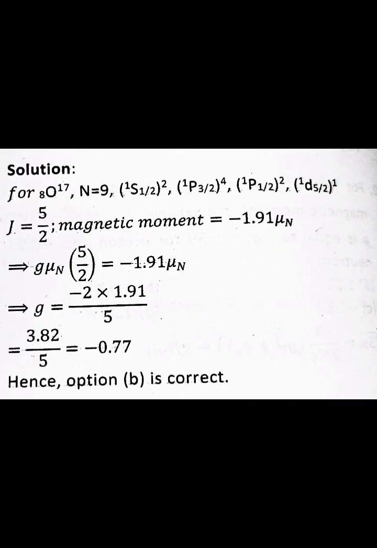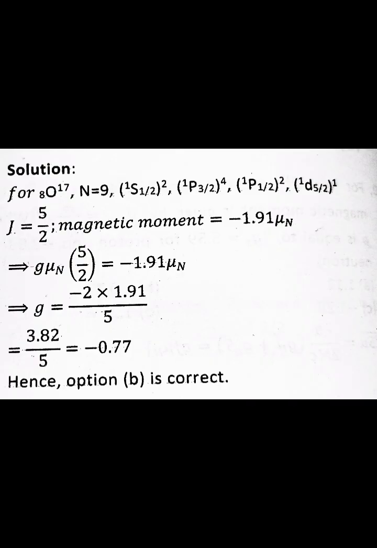For the unpaired neutron and for J equal to L plus half, because J is equal to 5 by 2 here, the magnetic moment is equal to minus 1.91 mu n. The general equation for the magnetic moment is g mu n J. Here J is equal to 5 by 2.